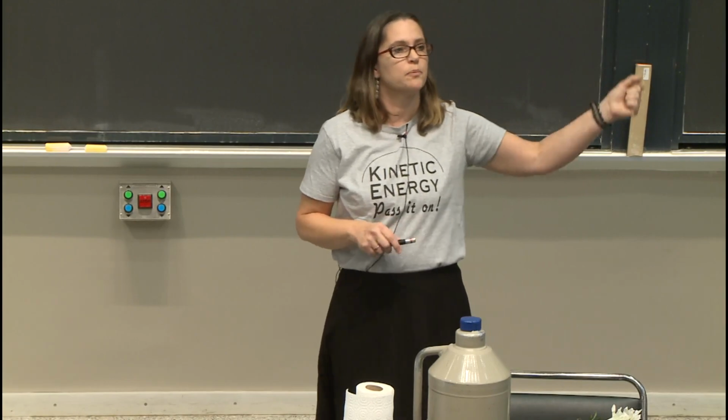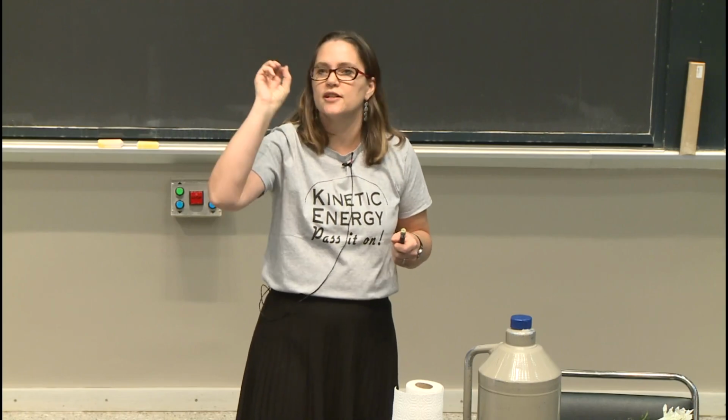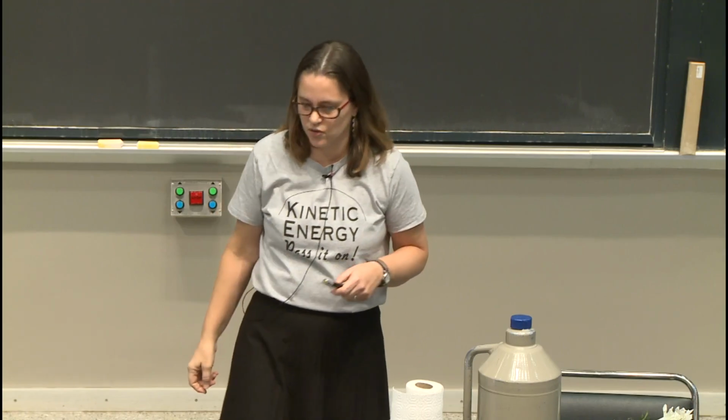And if we do it at different time points, you can actually kind of walk through the mechanism of the enzyme, watch what happens at various different states. So this is a very common thing that's used. We like to do things at liquid nitrogen to see things. We sort of pause it when it's dunked in liquid nitrogen, it stops what it's doing, and we can capture its structure.